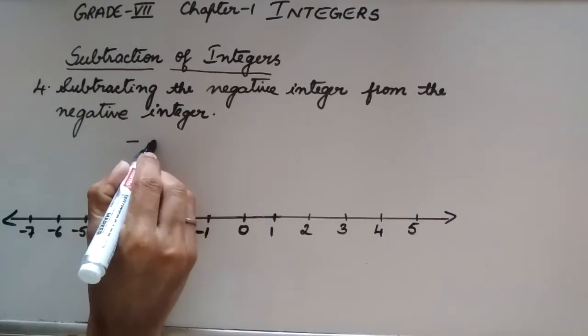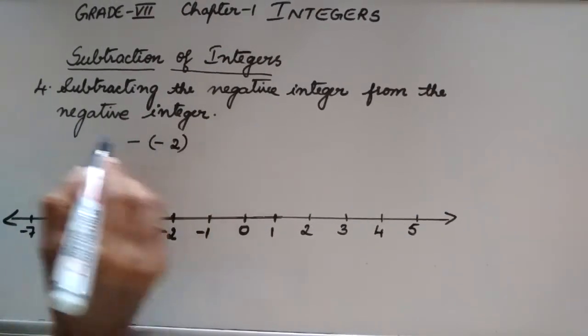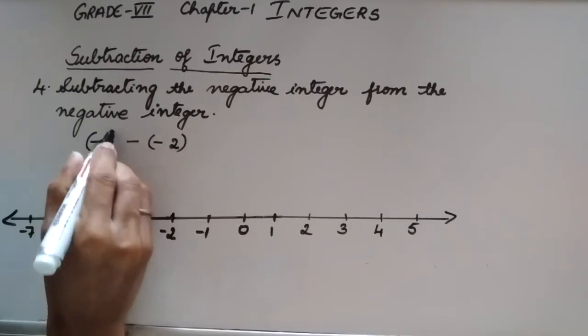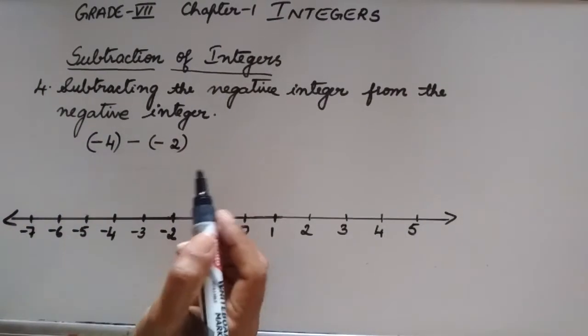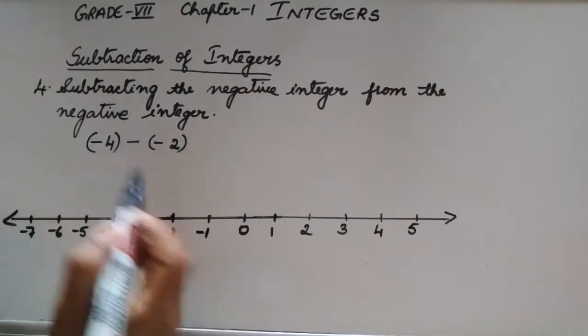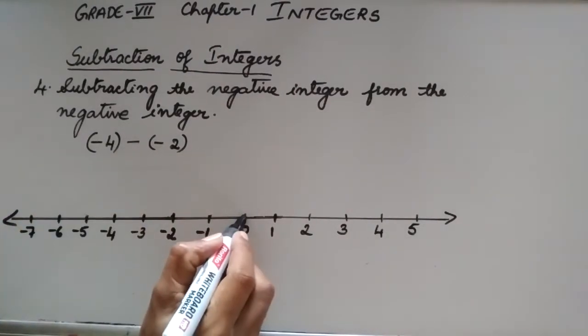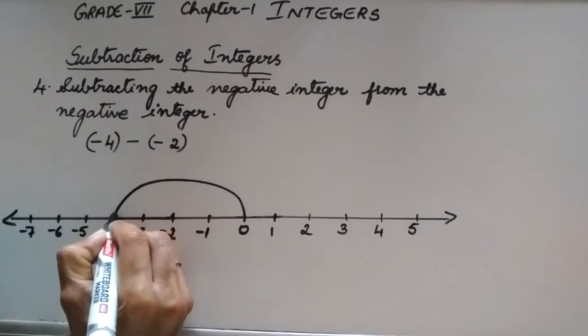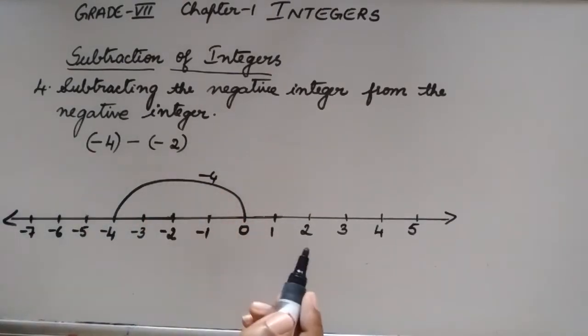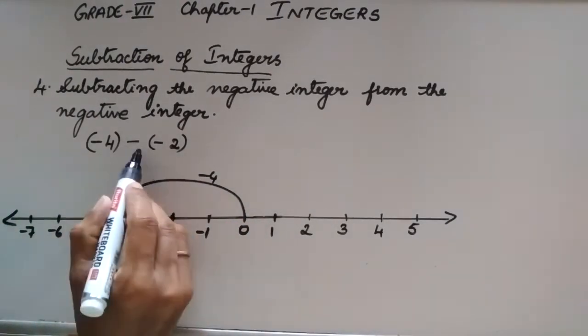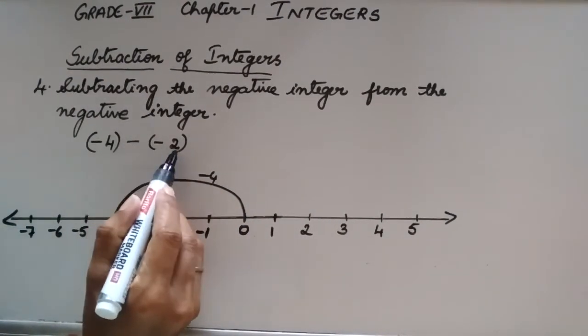I am subtracting a negative integer from the negative integer. So now we'll move to minus 4. So this is minus 4. And then subtract minus 2.